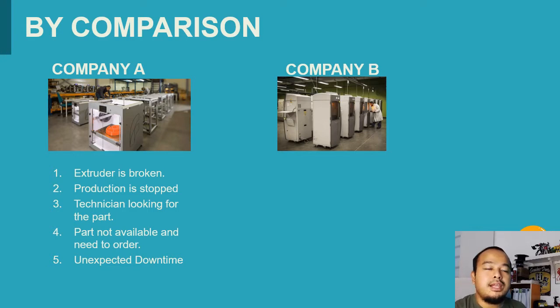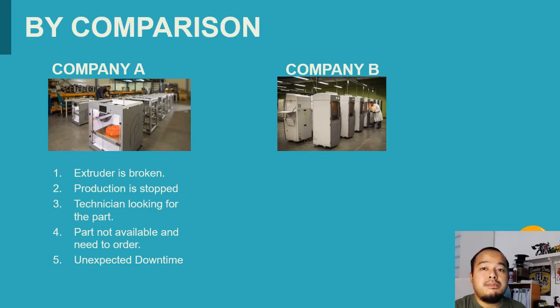During that time the machine is not capable of operation and cannot produce parts. So it causes downtime, unexpected downtime. This means that in that month they did not expect any downtime, but sudden damage to the machine caused it.